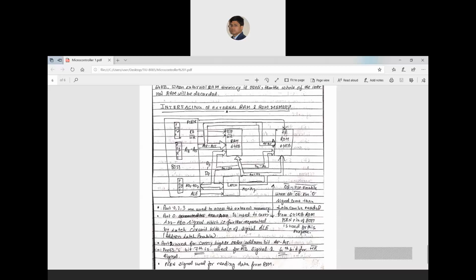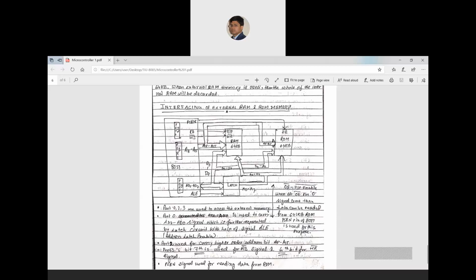This pin enables the output of data from the ROM, and it is connected with PSEN. When the PSEN status is 0, it will enable and data from this ROM will be read. That means at a time I cannot access these two things. If I want to access the ROM, then I have to make PSEN 0.